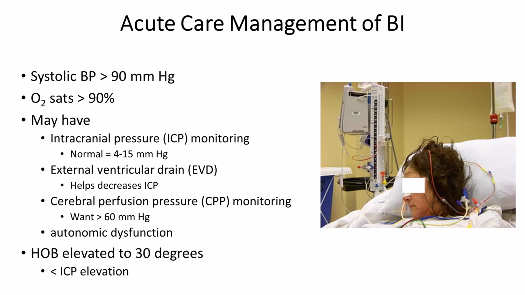Patients might also have in place an EVD, or external ventricular drain. This again is a tube that is placed through the skull and into the ventricular space, and by draining the ventricular fluid, it helps decrease ICP if it's elevated.